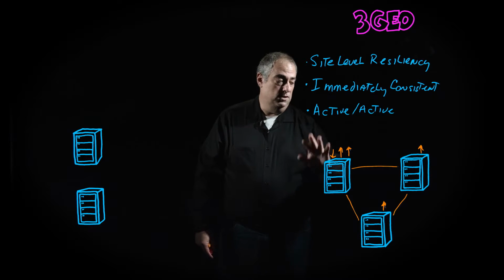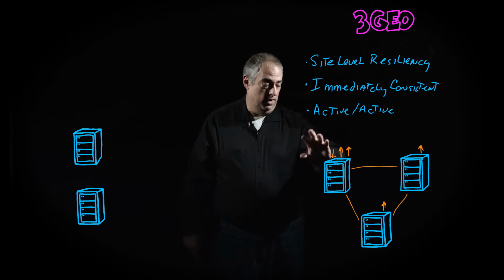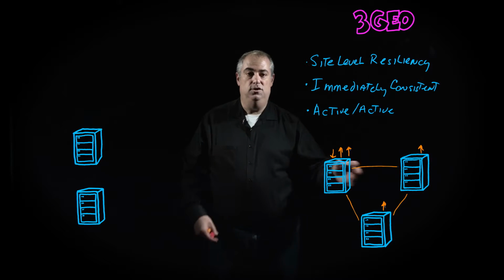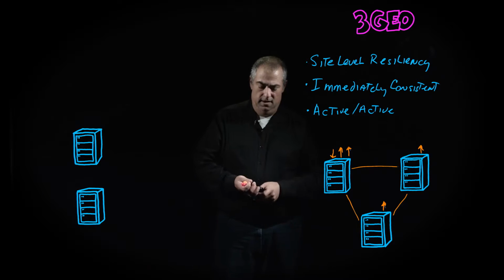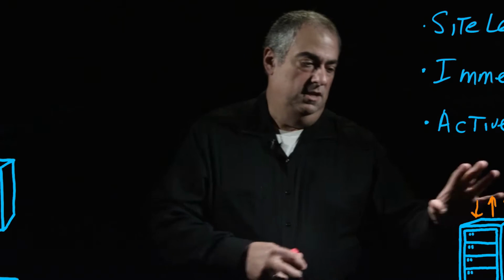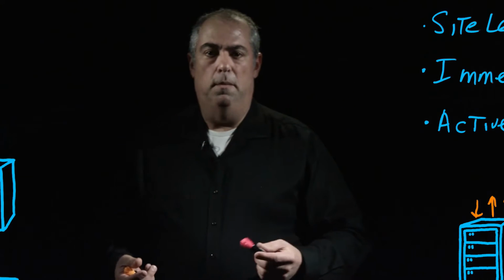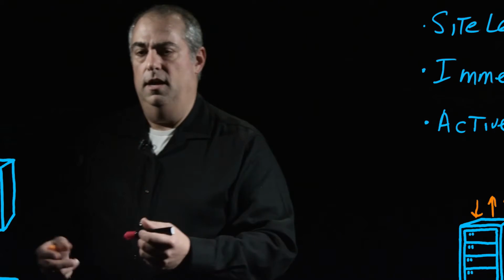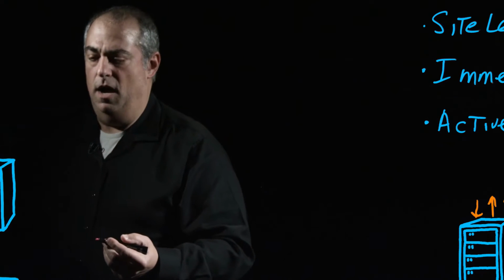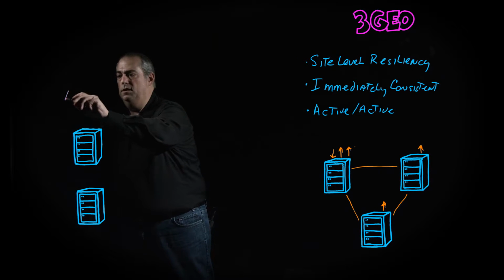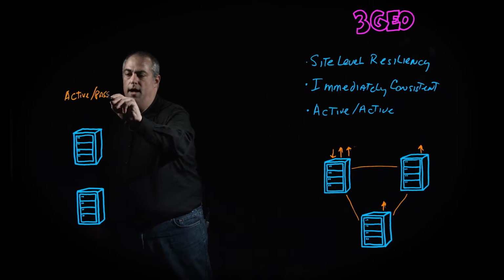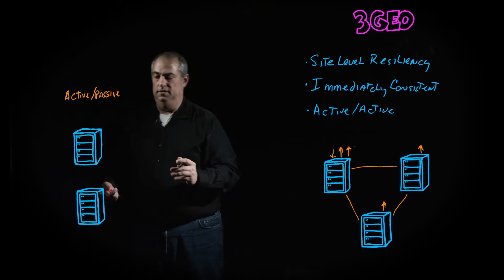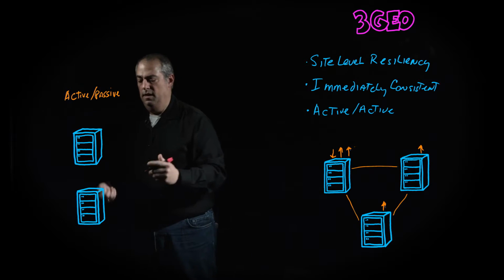Reads and writes can be utilized at each location concurrently without worrying about data consistency or inconsistency. And this is a different type of deployment model than what we traditionally see in a traditional object storage deployment, which is typically deployed in something called active-passive. And that's using an eventual consistency model, which is typically seen in object stores.